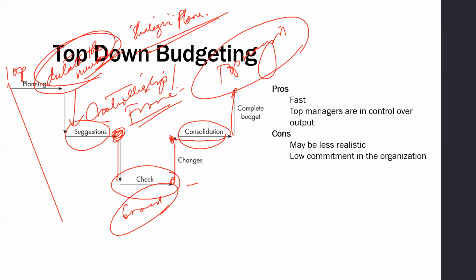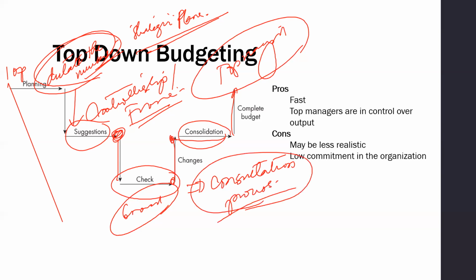Pero yung lower level management, they are relegated to a consultation process. Consultation lang. The budget did not actually originate from them, but only for consultation. So that's the top-down budgeting.